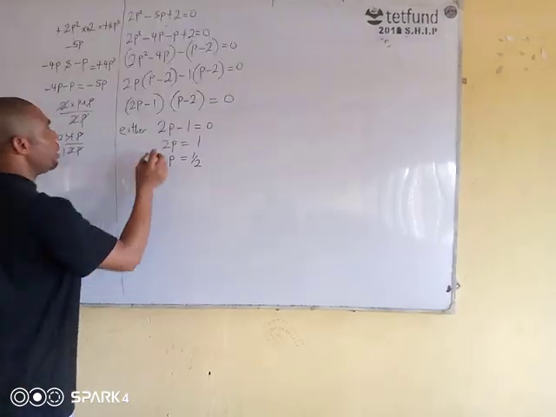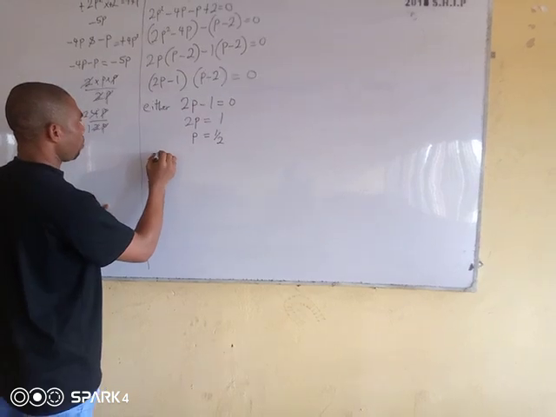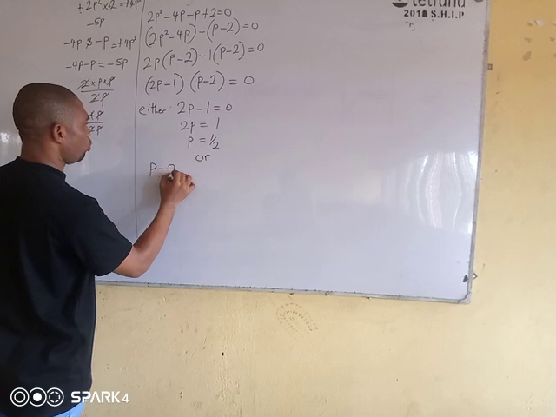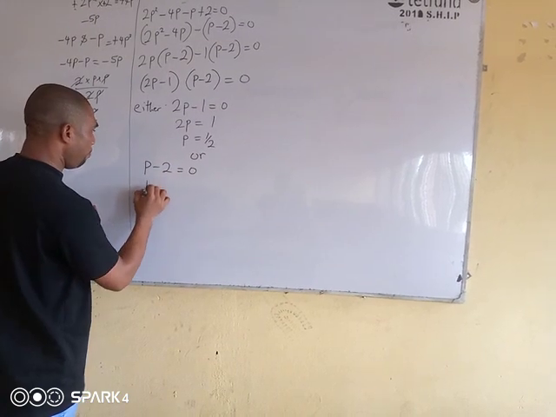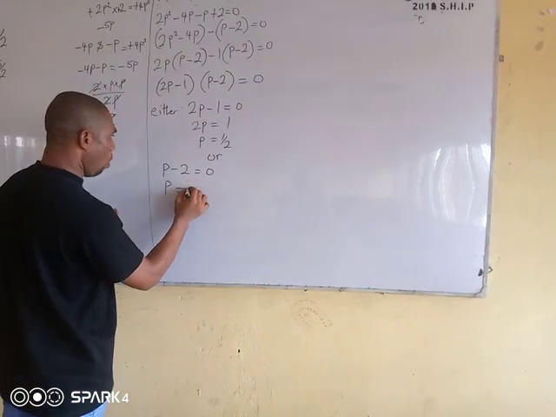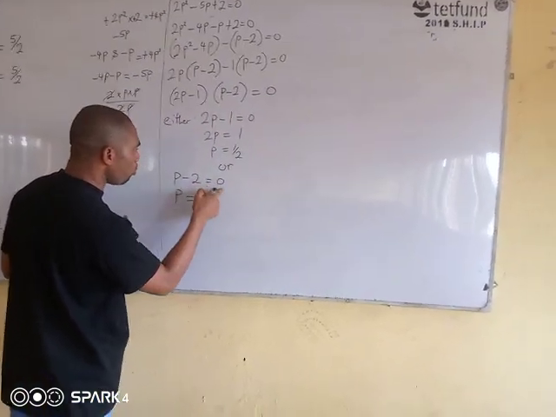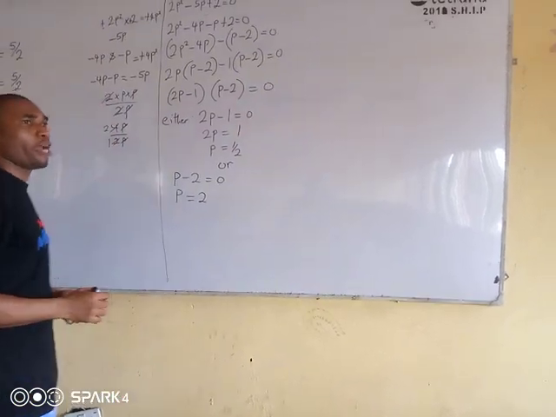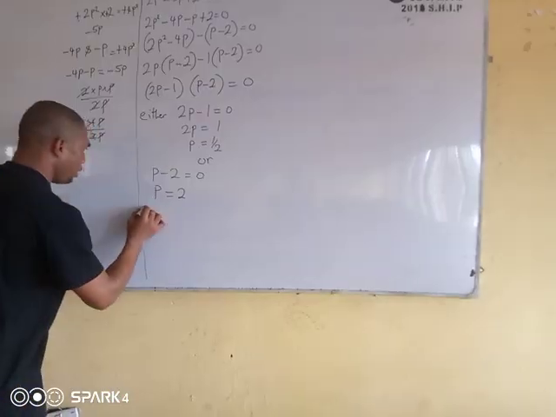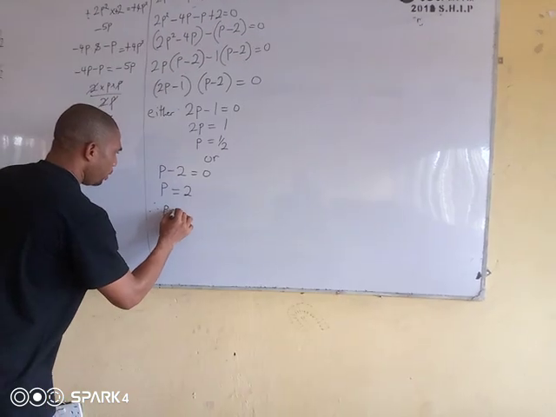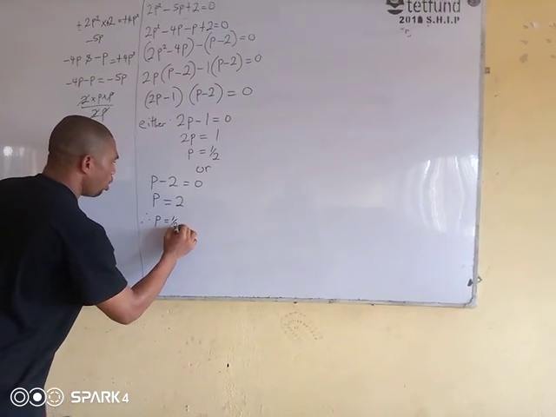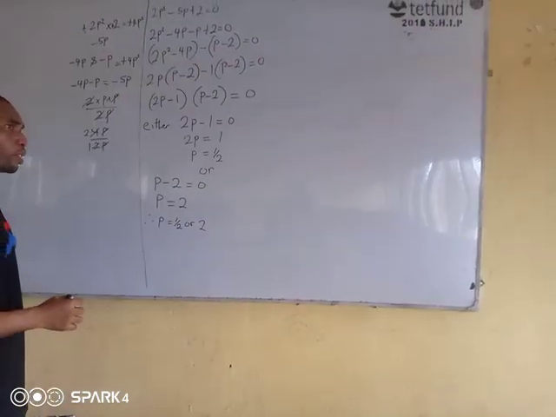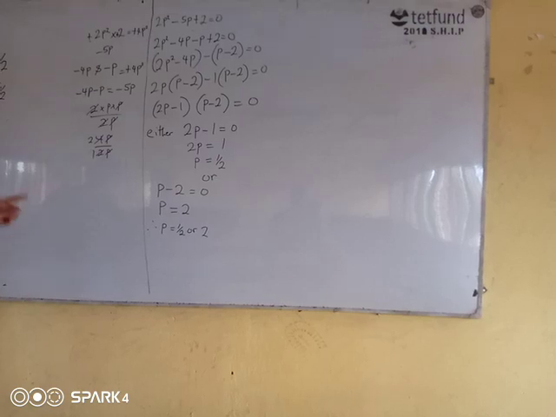Now, next is this. Or p minus 2 is equal to 0, where p is now equal to this minus 2 moves over, changes to positive, so p is now equal to 2. Therefore p is equal to 1 over 2 or 2. But this is not our final answer.